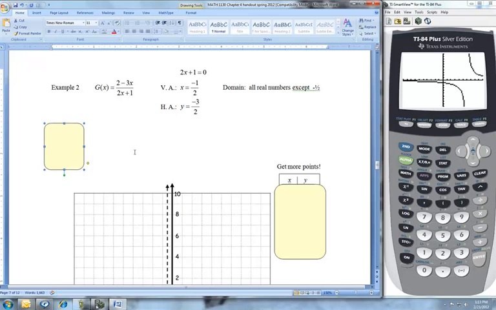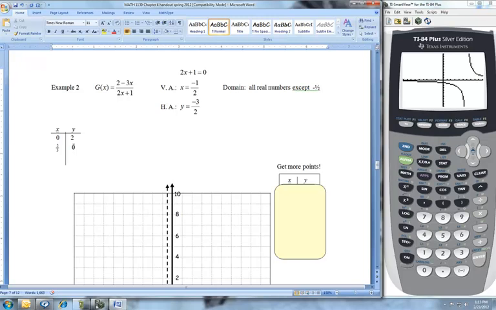And usually I get that first, so let's see if I did. So x is 0, y would be 2 over 1. So if I let y be 0, multiply both sides by your denominator, it gets rid of it. So you have 0 equals 2 minus 3x.